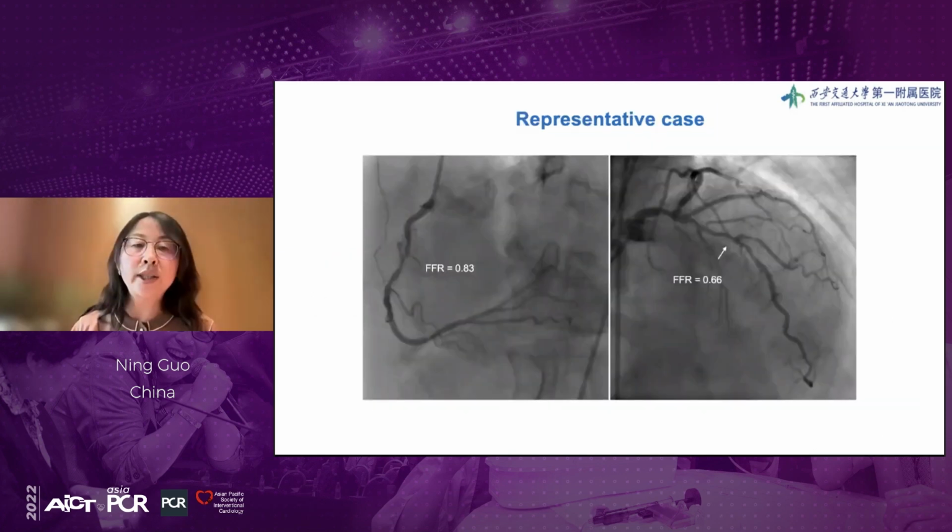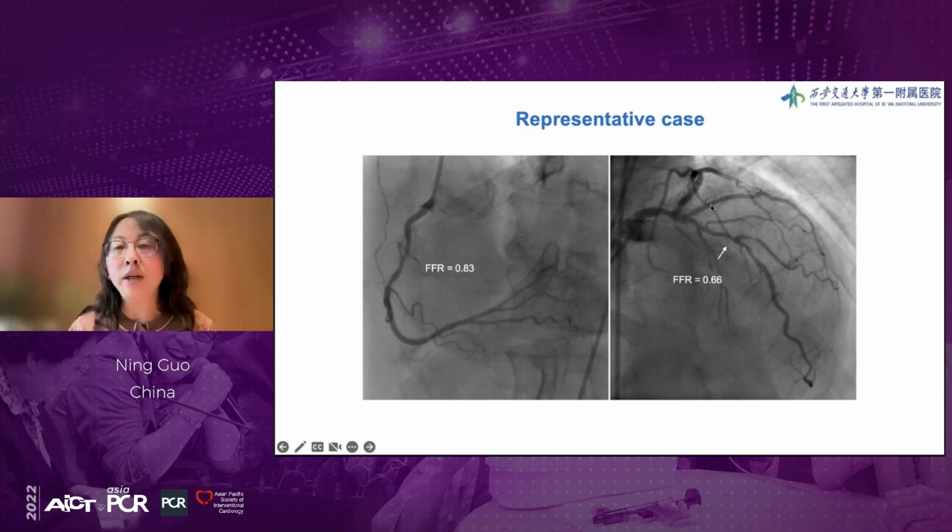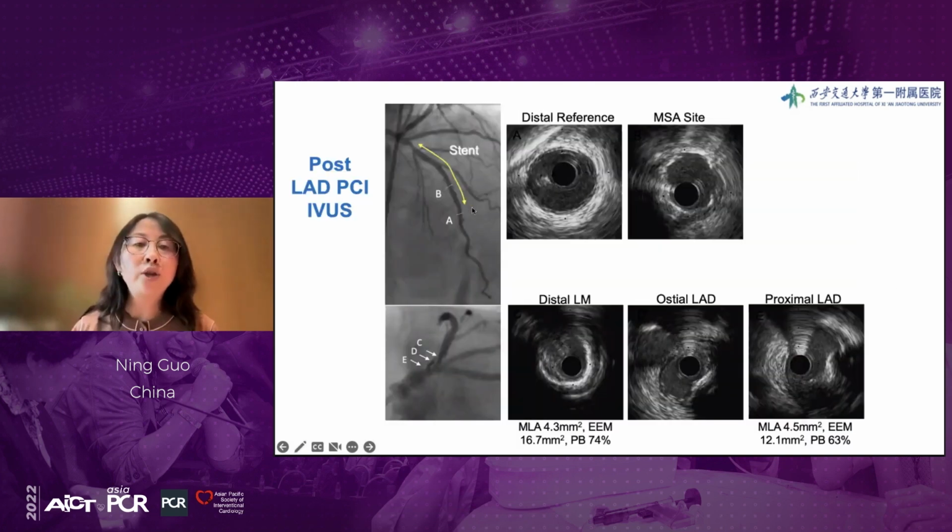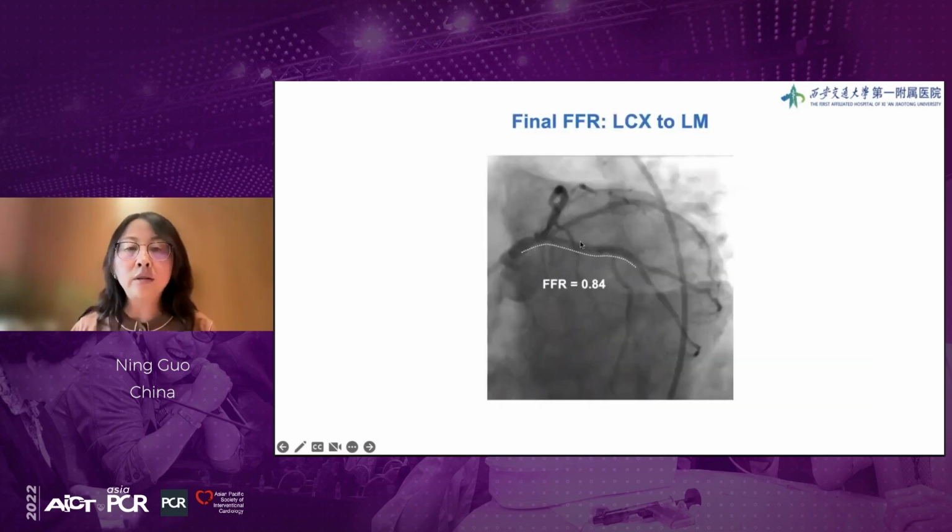So this is a representative case, and we can see a mid-LAD lesion and an intermediate distal left main lesion. We treat the mid-LAD first, and from IVUS we can see a very intermediate lesion from distal left main to ostial LAD. At this point, we tested the FFR for the circ, and we got a negative FFR.